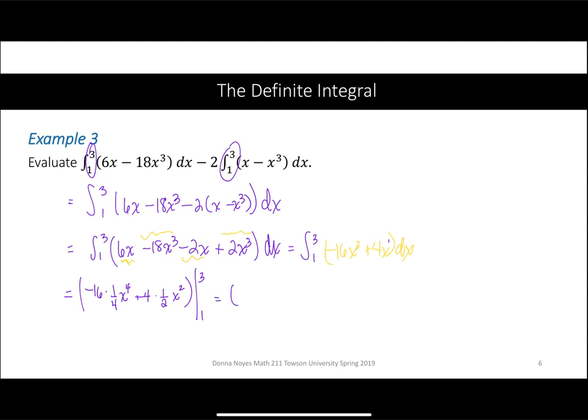So we end up with negative 4x to the 4th plus 2x squared evaluated from 1 to 3.